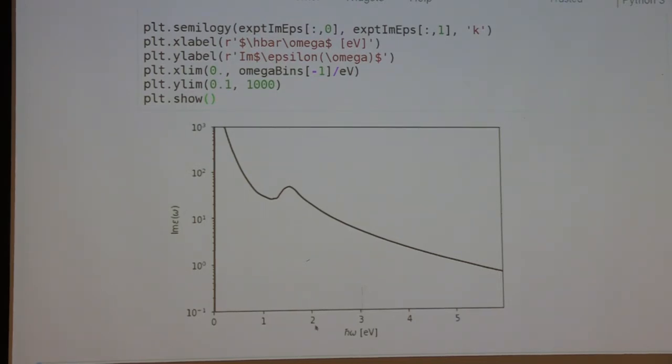So the visible range goes roughly from here to here. Some 1 point something eV to 3 point something eV. And because this is a metal, the absorption blows up as you go towards zero frequency. The dielectric constant goes to infinity at zero frequency. Alright? So this is what we need to calculate.